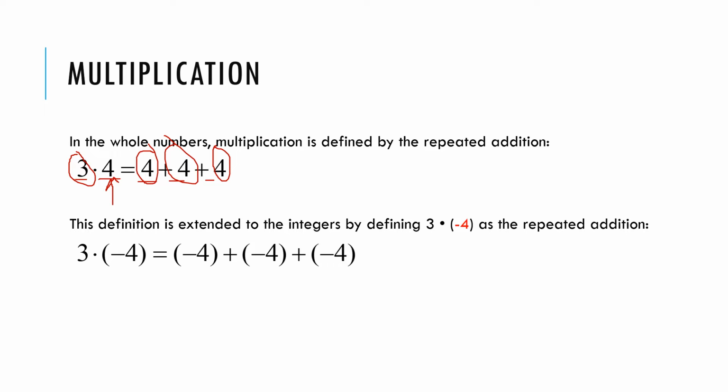It's the same idea here. The first number tells us how many groups, so we need 3 groups, and then our second number tells us what's inside each group. So we need 3 groups of negative 4 added together. So negative 4 plus negative 4 plus negative 4, that's going to give us negative 12. Okay, so it's the same idea.